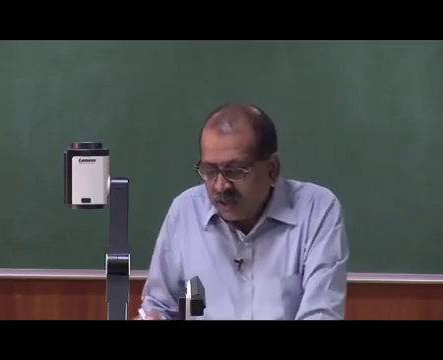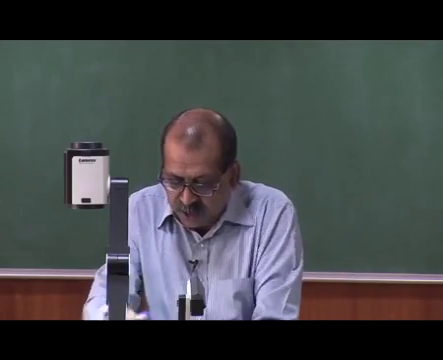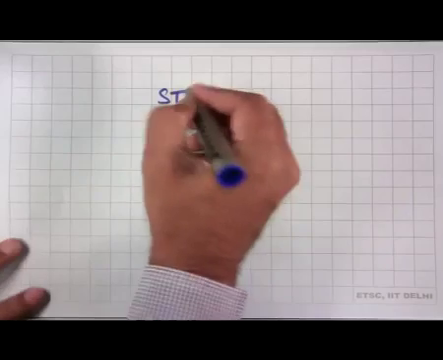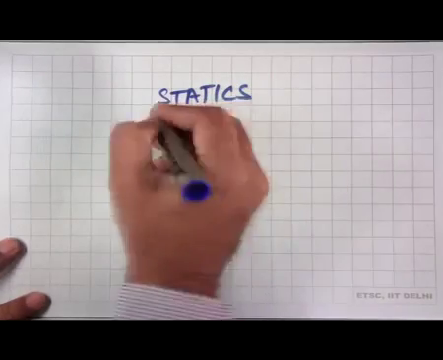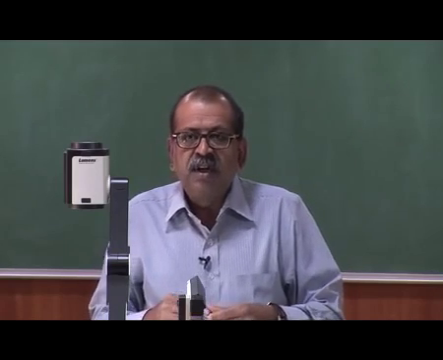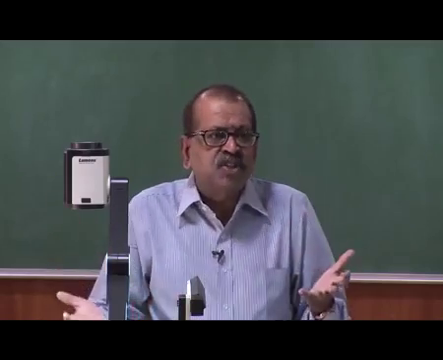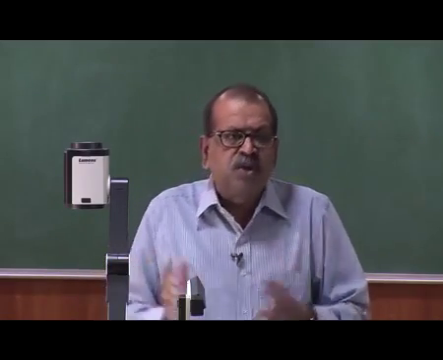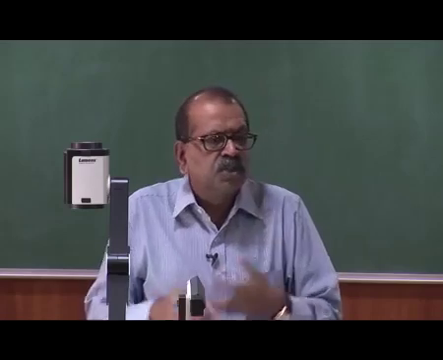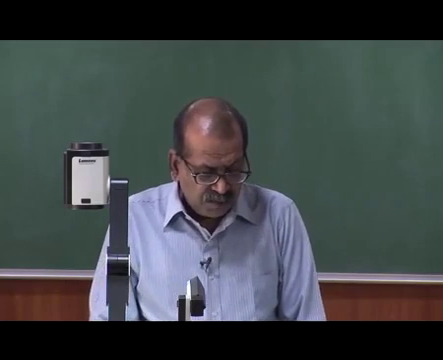In fact, this is a branch of mechanics which we refer to as statics, where we talk of bodies which are not moving at all, and we analyze them. A whole range of civil engineering structures is based on this branch called statics, which is very important.